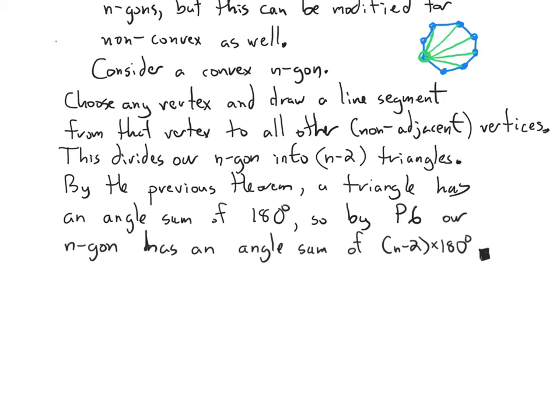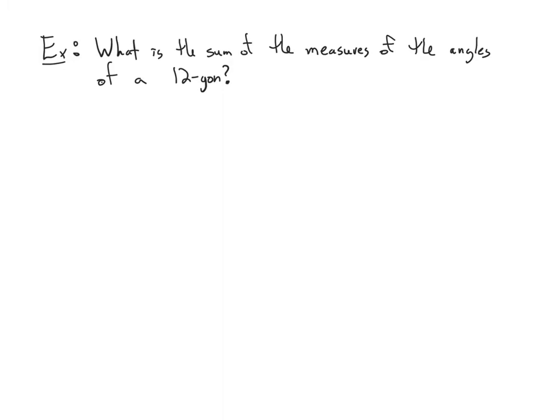Let's do an example. All right, so let's find the sum of the measures of the angles of a 12-gon, or if you like, a dodecagon. Okay, so we know that the angle sum is going to be n minus 2 times 180 degrees, which is, well, we know n in this case, it's 12.